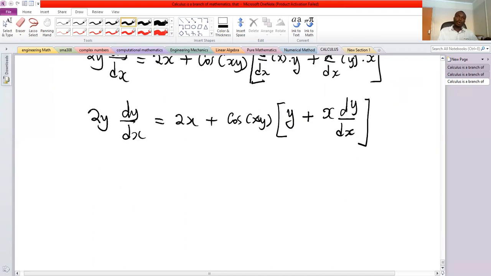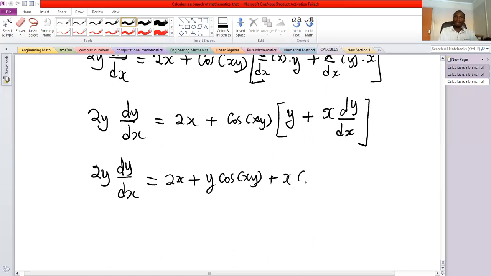Now next step, you open the brackets, so we have 2y dy/dx equals 2x plus y cosine of xy plus x cosine of xy dy/dx.